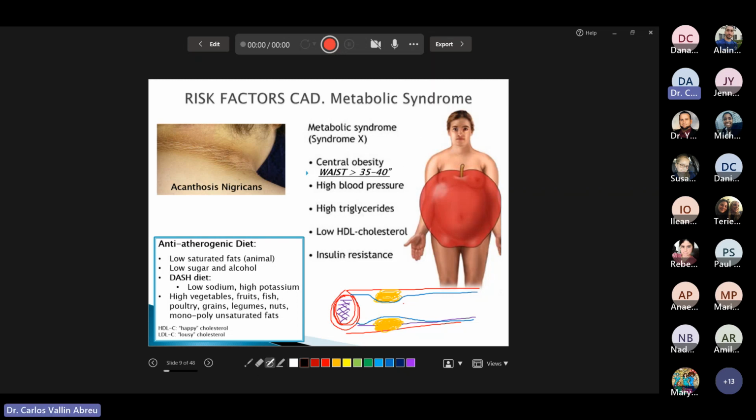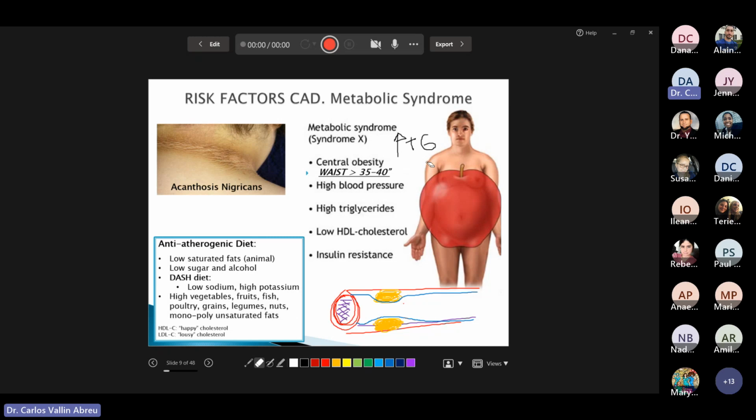And when you check the lipids in the blood, you are going to notice that the triglycerides, those fats, are elevated. And the good cholesterol, the happy cholesterol, the HDL cholesterol, is low. All those details have been tested in English.